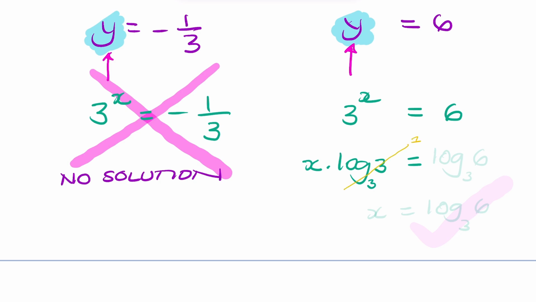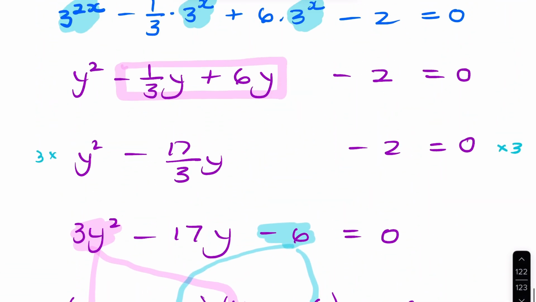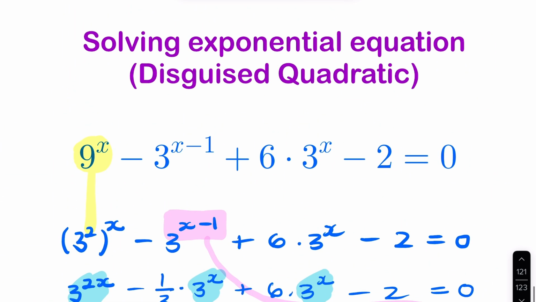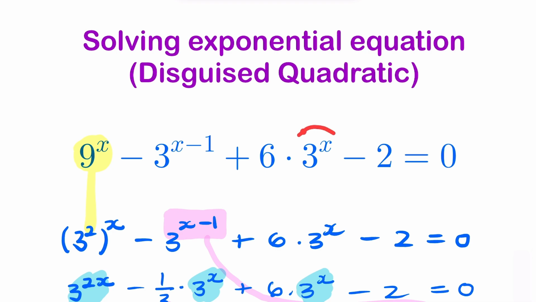So we end up with x equals log 6 to the base 3. And that's your final solution. So we used logs in the end, but to answer a question like this, it's important to realize that it's a disguised quadratic.